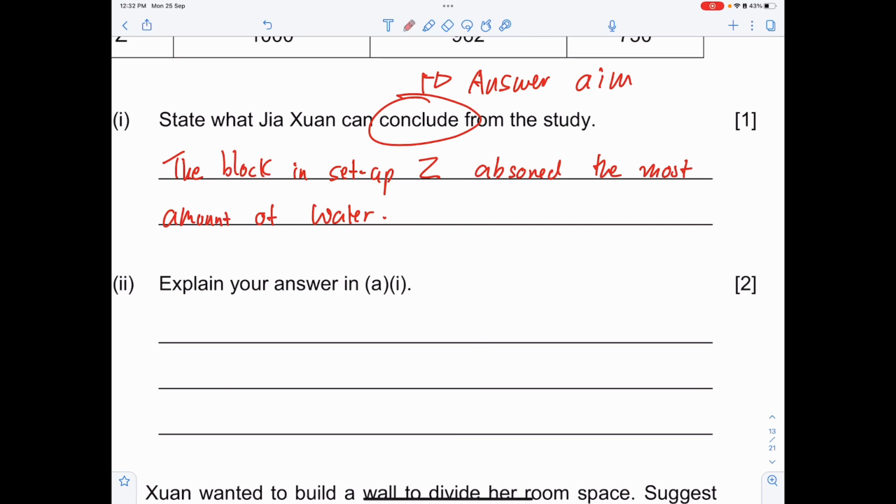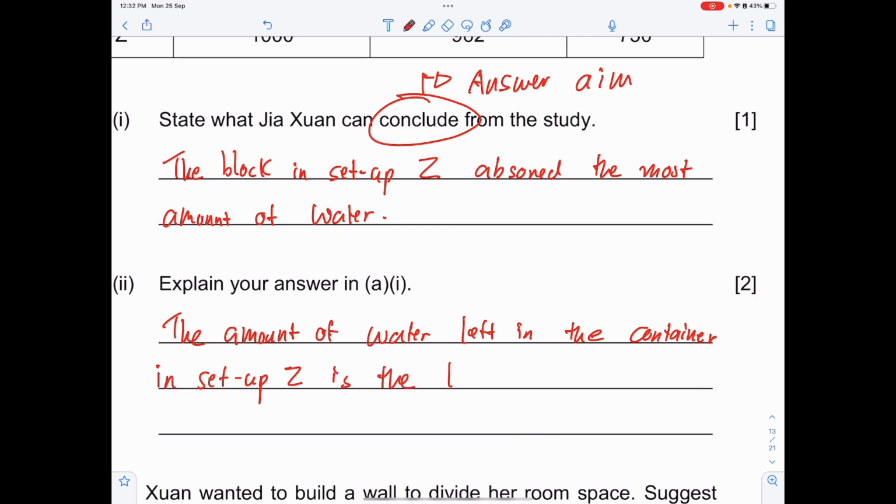So you would say that the amount of water left in the container in setup Z is the least.